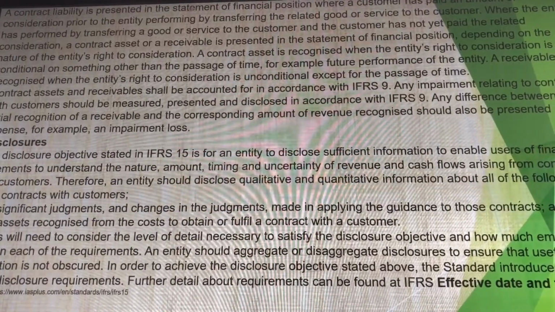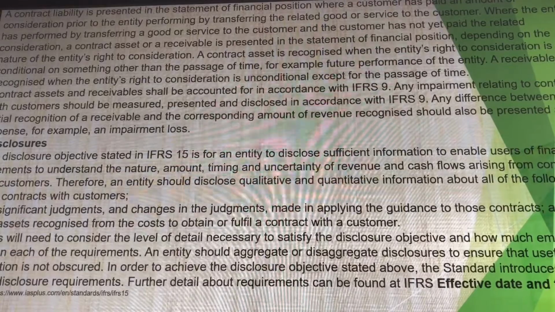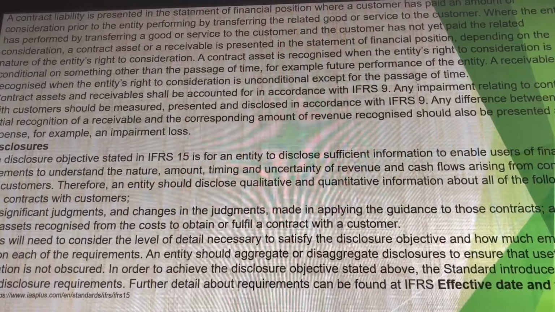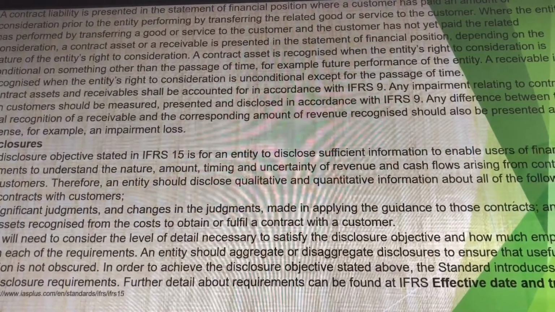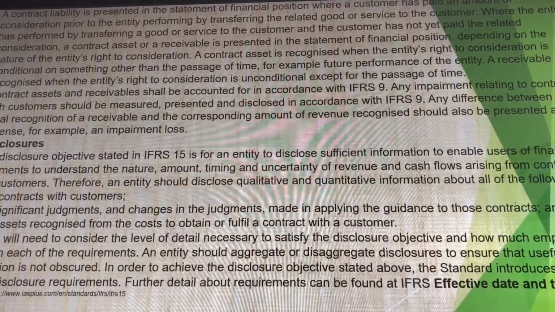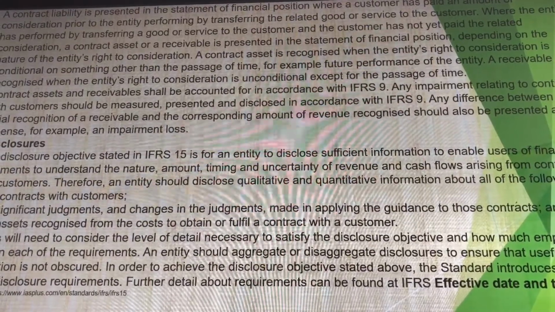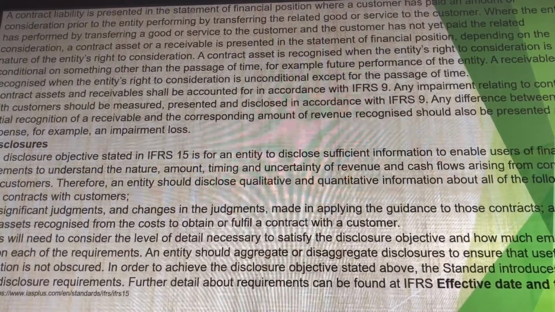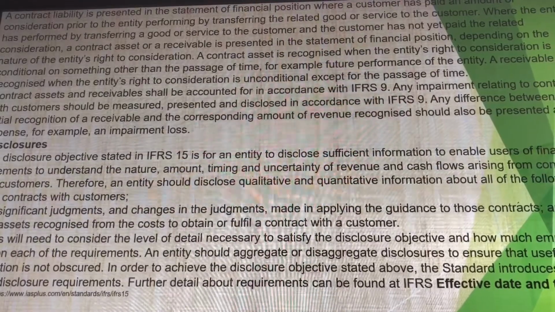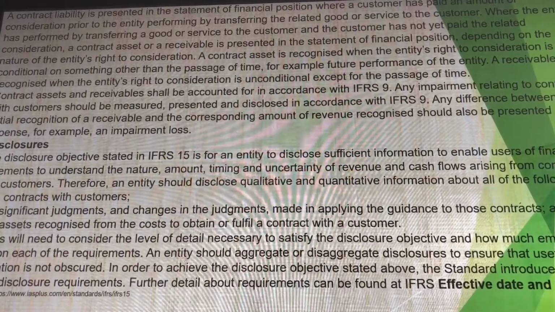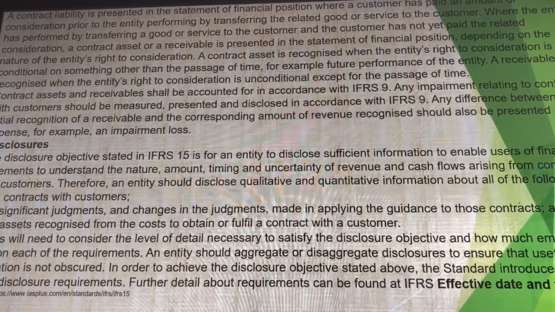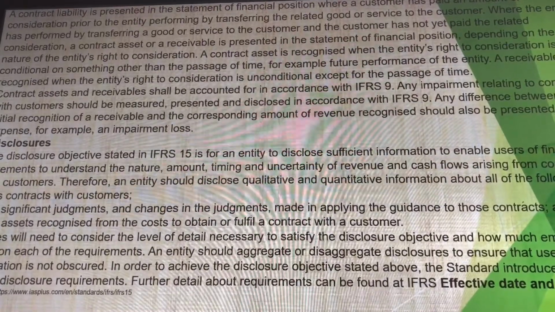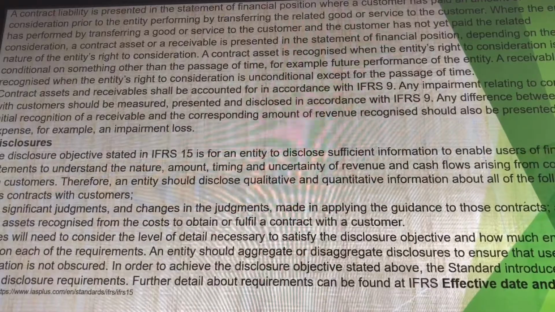Therefore, an entity has to disclose qualitative and quantitative information about the contracts with customers, the significant judgments and changes in judgments made in applying the guidance to those contracts, and any asset recognized from the costs to obtain or fulfill a contract. The entity will need to consider the level of detail necessary to satisfy the disclosure objective and how much emphasis to place on each of these requirements.